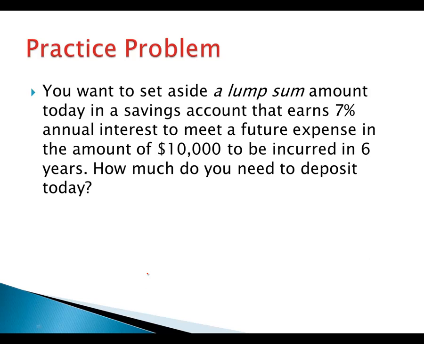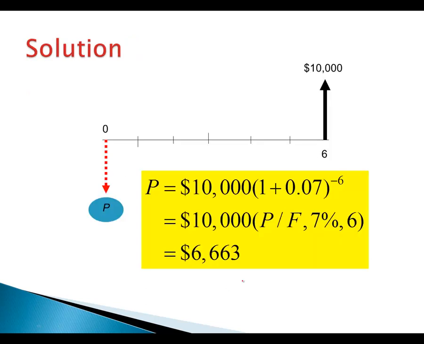That means n is equal to 6. We apply the formula. Then P is equal to the future value, which is 10,000, multiplied by 1 plus 0.07 to the power minus 6. And again, you know why did we put it as negative?